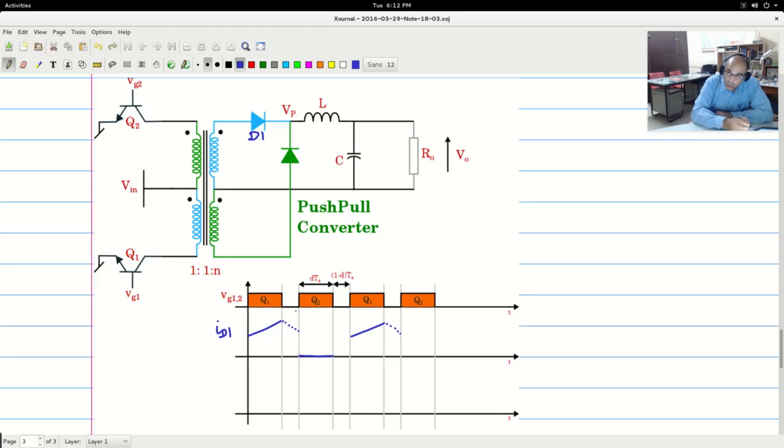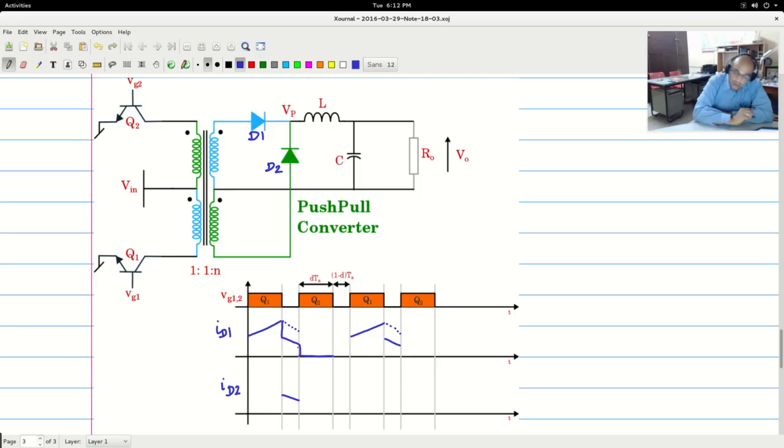When both Q1 and Q2 are off, half of this falling current will flow through ID1, and the other half will flow through ID2, if this is D2. So let us say half of that is this, and the remaining equal half will flow through ID2. Likewise at this point also. So the diode current will look something like this.